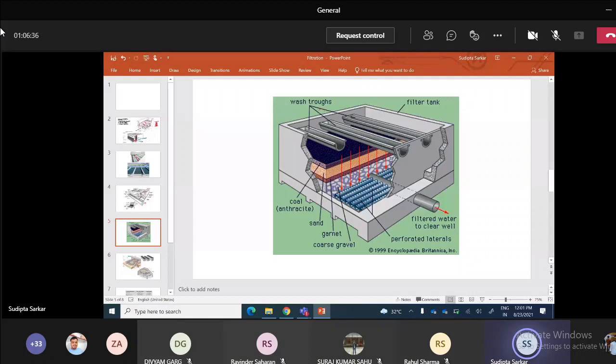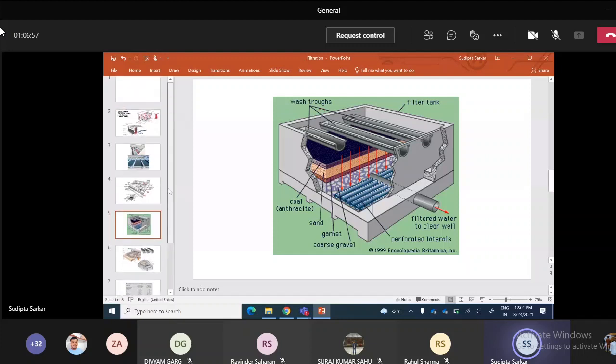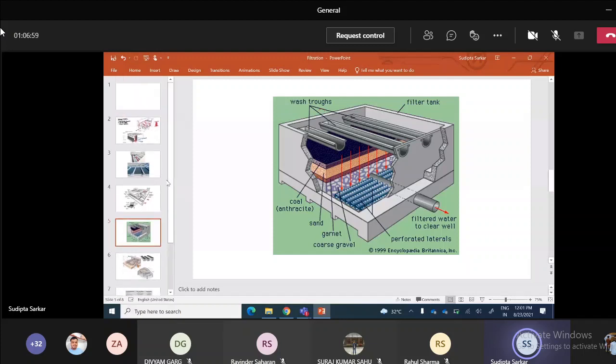So this is just an overview of the filtration tank and how it works. In the next class, we'll discuss more about how the under drain is arranged, and also some theoretical aspects of the filter bed.